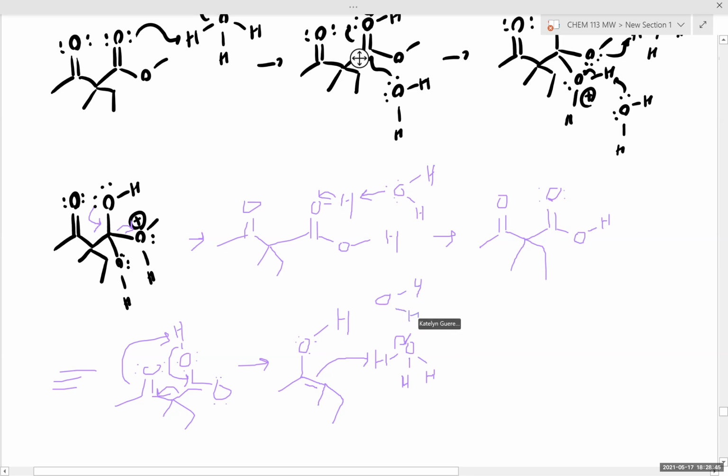So after a quick tautomerization via 2 proton transfers, we get our desired highly substituted ketone.